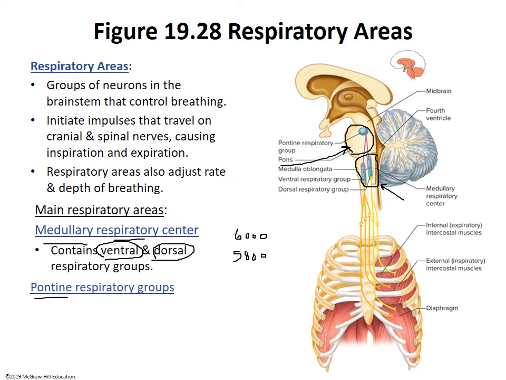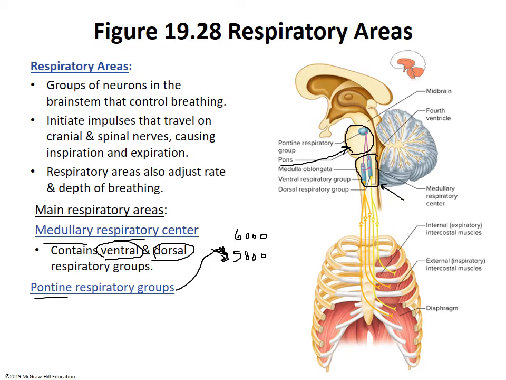So our body caps it at 5,800. Well, the pons is the thing that controls that cap, and we're going to look at a reflex that it uses. So you can remember, because the pons is the upper portion compared to these two, it controls the upper limit of air that can enter the lungs.